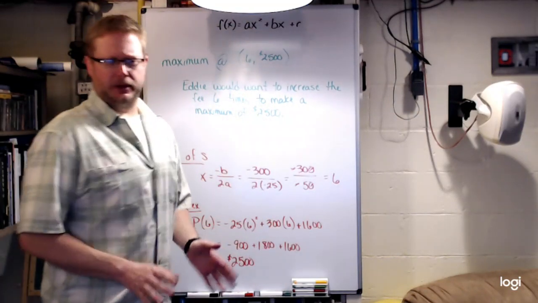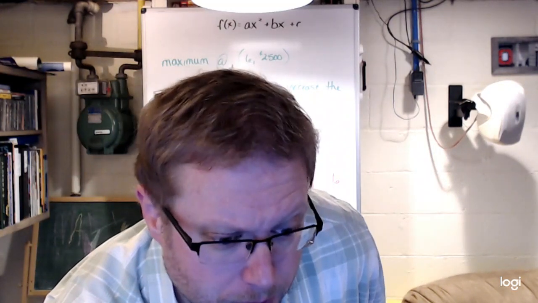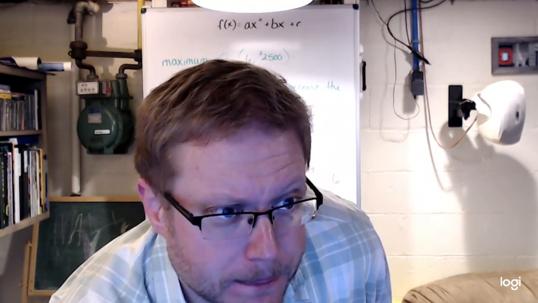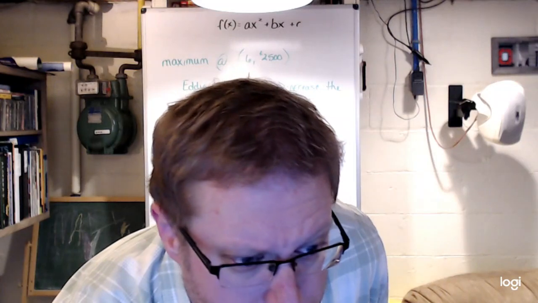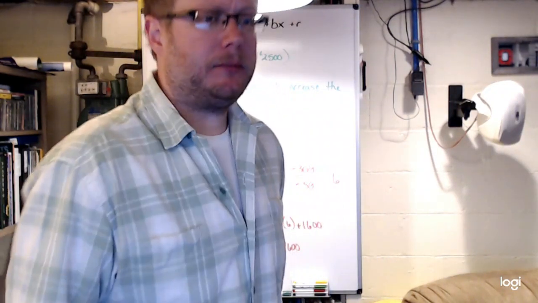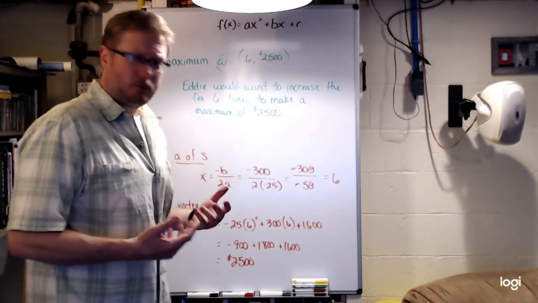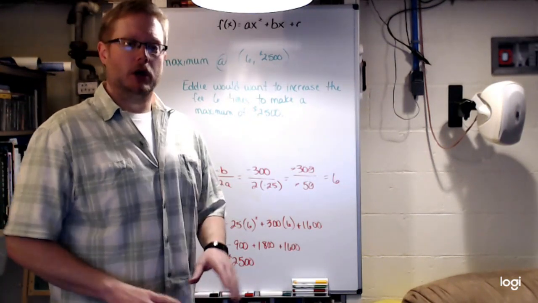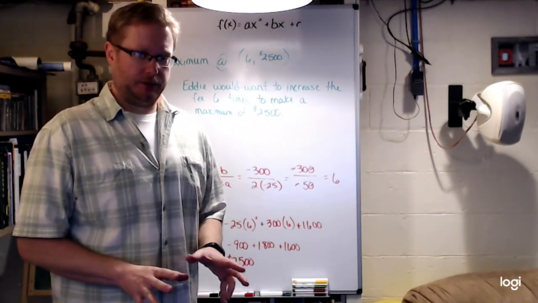Let's change it up a little bit, because if you look at the bottom of the page we're looking at, I want you to look at the very bottom of page 223, where it says guided practice number 4. It's the same situation. We're just changing it just a little bit, okay?